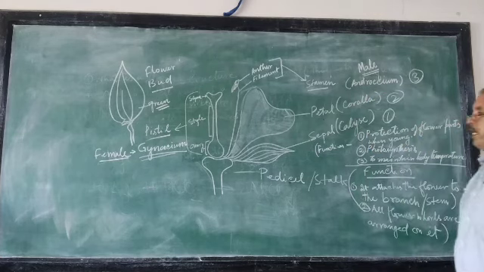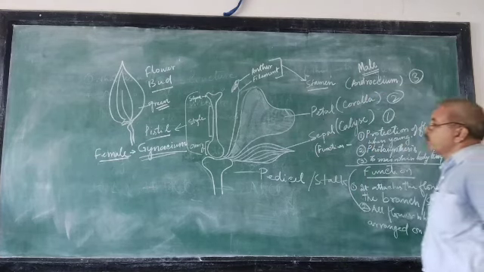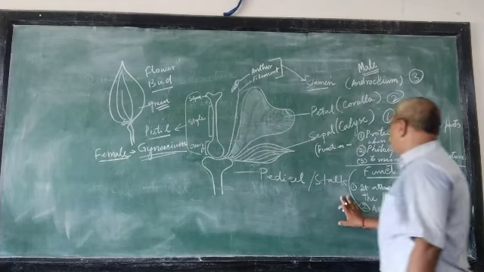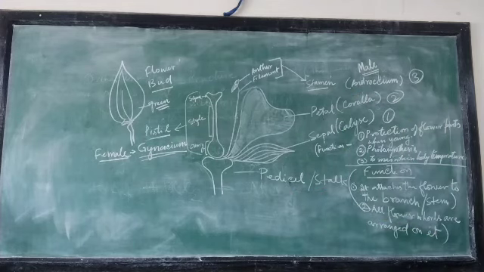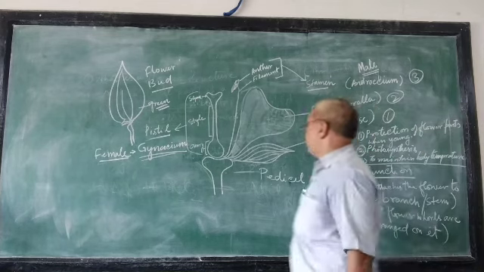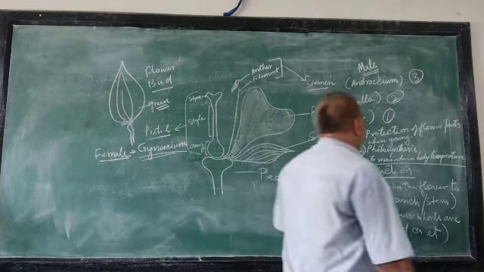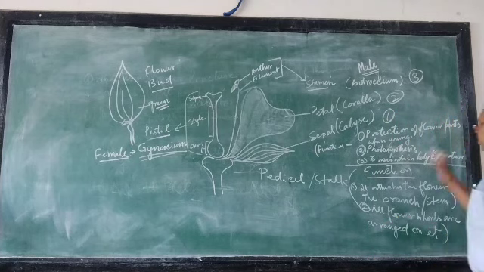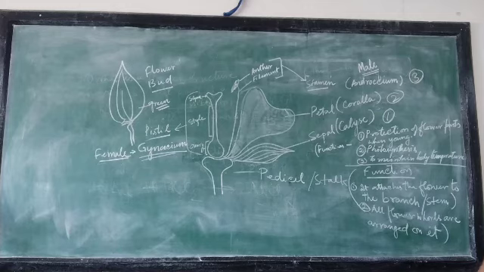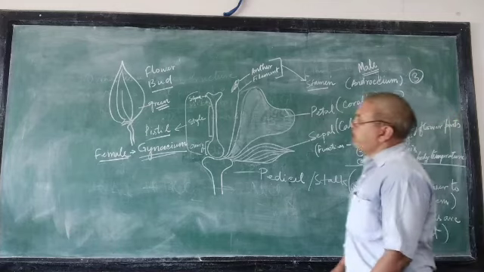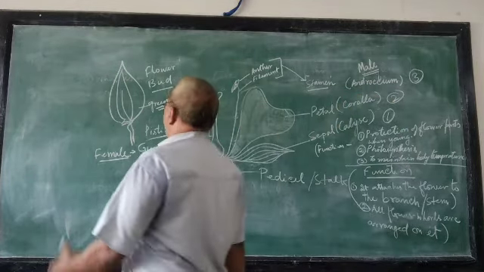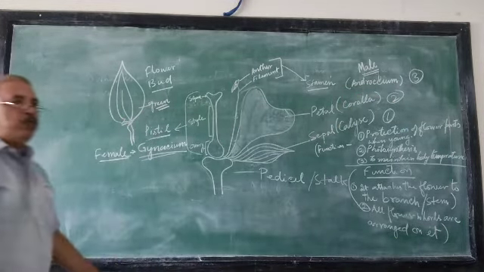So, I have told you the functions of pedicel. It attaches the flower to the branch or stem, and all flower walls are arranged on it. Second, the function of sepals or calyx: protection of flower parts when young. Then second is photosynthesis, that is making food for the plant, for the flower. And the third one is to maintain the body temperature, so that many of the enzymes remain active and perform their duties.